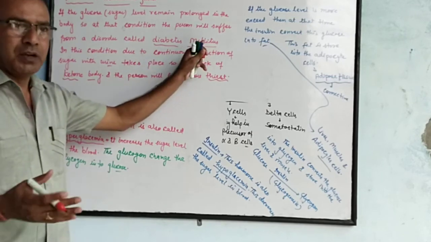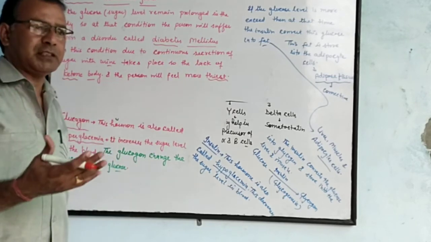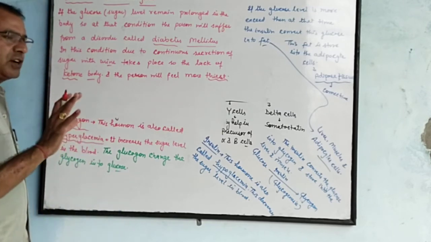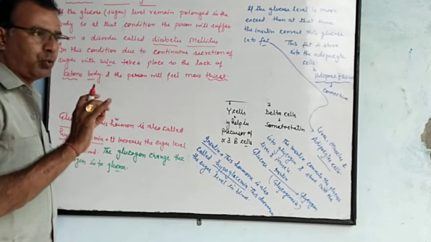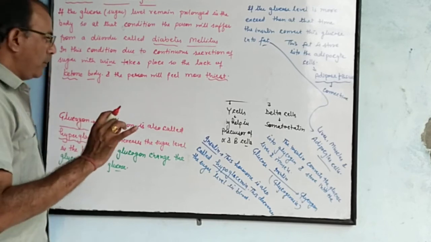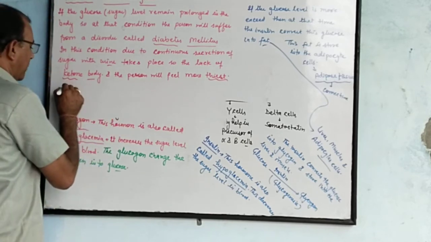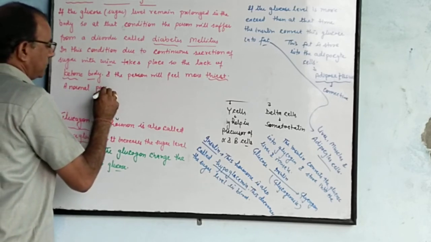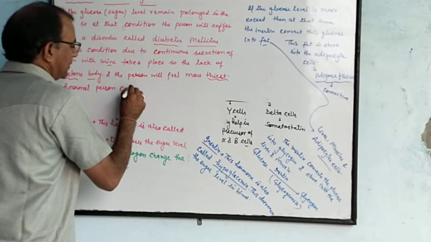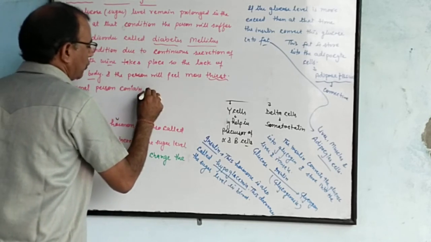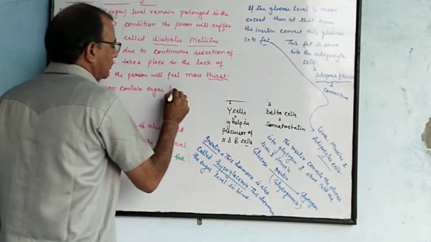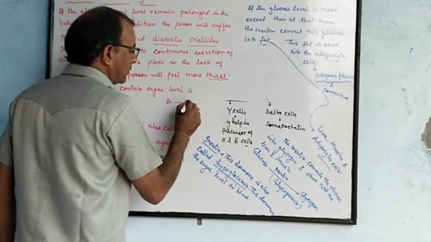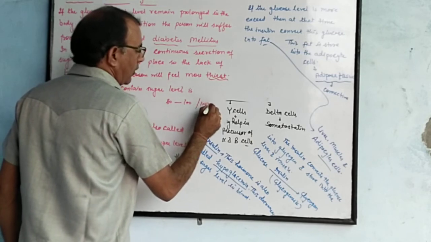Mellitus means honey. Diabetes mellitus means an excess amount of sugar in the blood. A normal person contains a sugar level of 80 to 100 per 100 ml of blood.